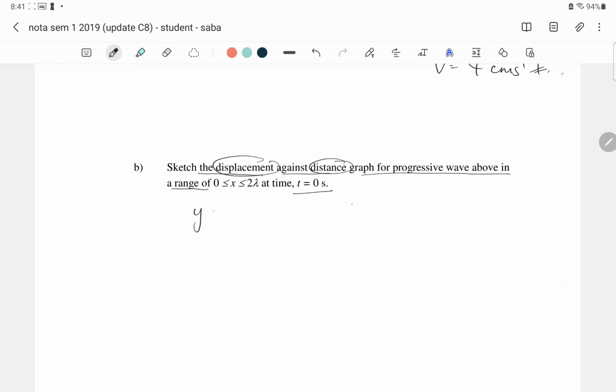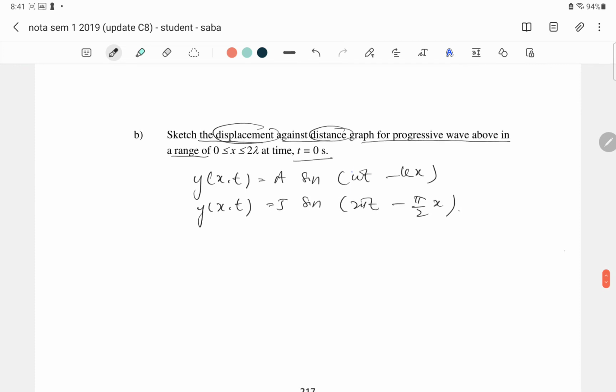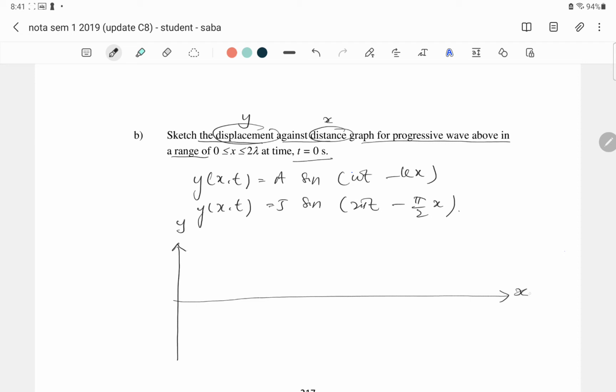Okay, so for the equation y(x,t) equal to A sin omega t minus kx, from the above equation, y(x,t) equal to 5 sin 2 pi t minus pi over 2 x. So first we get the lambda, because we want to plot the graph of displacement versus distance. So we have y versus x. We get lambda first.